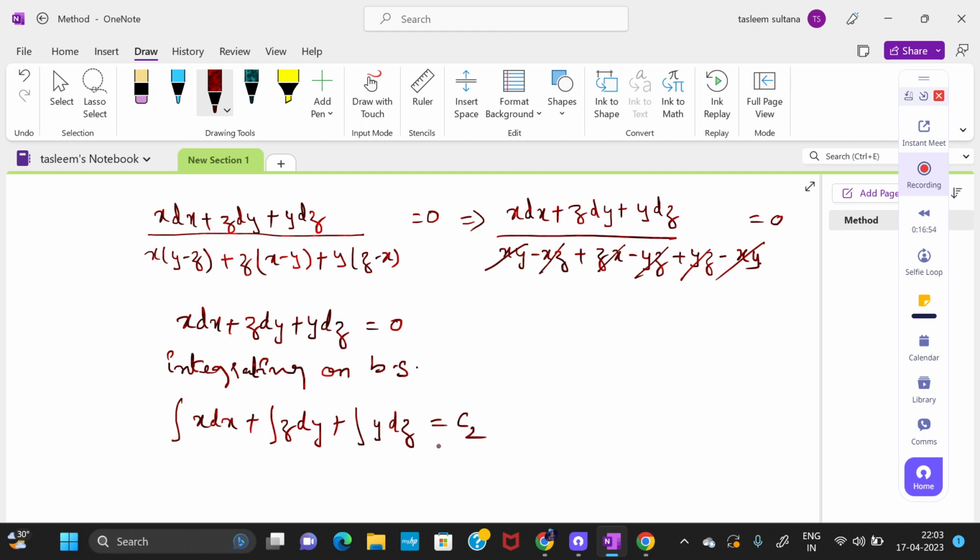Then integration of this is x square by 2, plus z is there, and the integration is with respect to y, so this will be treated as a constant. So it's going to be z into y, plus here also y is there and integration with respect to z, so y will be treated as a constant. So it's going to be y into z, equals c2.